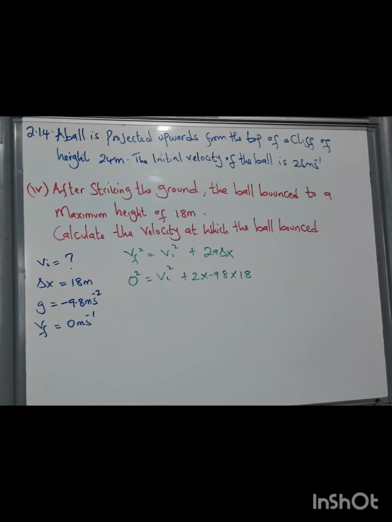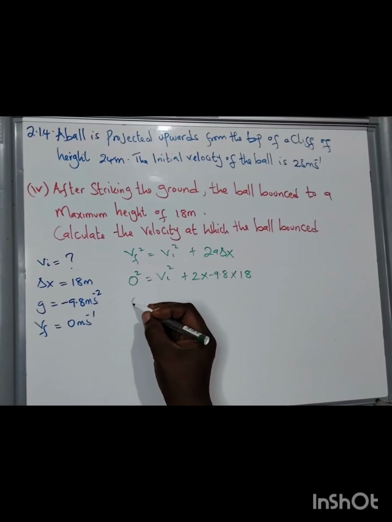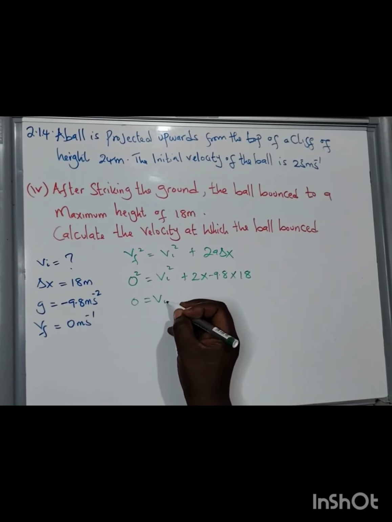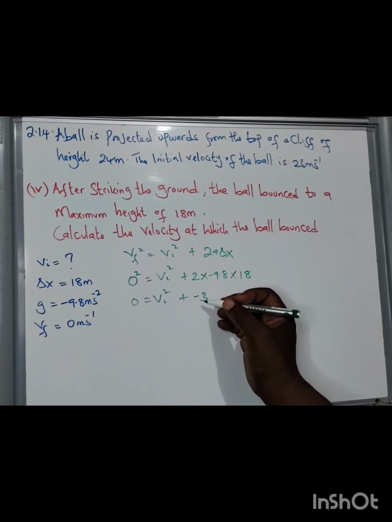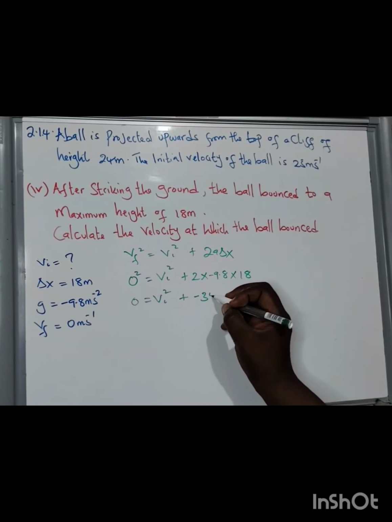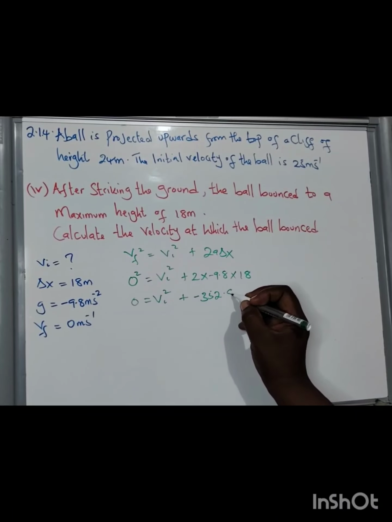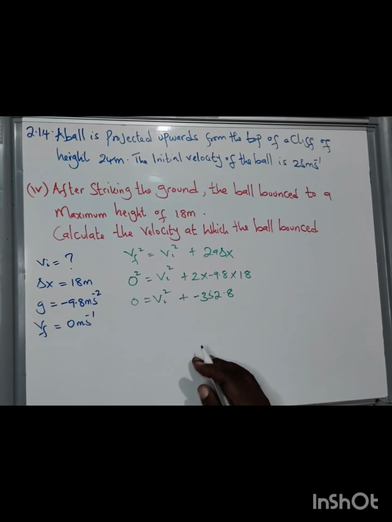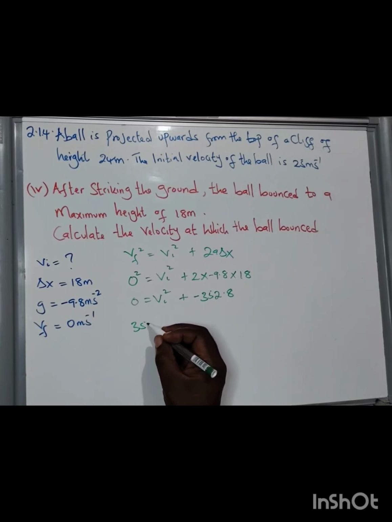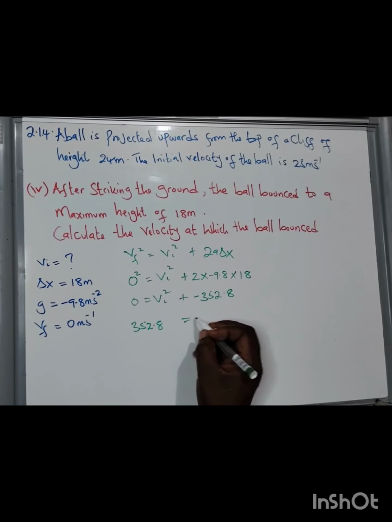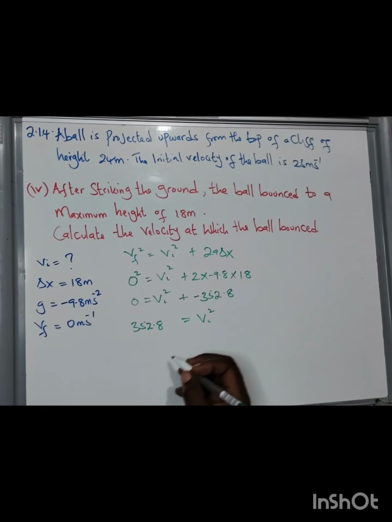So on simplifying, you get 0 is equal to Vi squared plus negative 352.8. And from there, you're going to say 352.8 is equal to Vi squared.